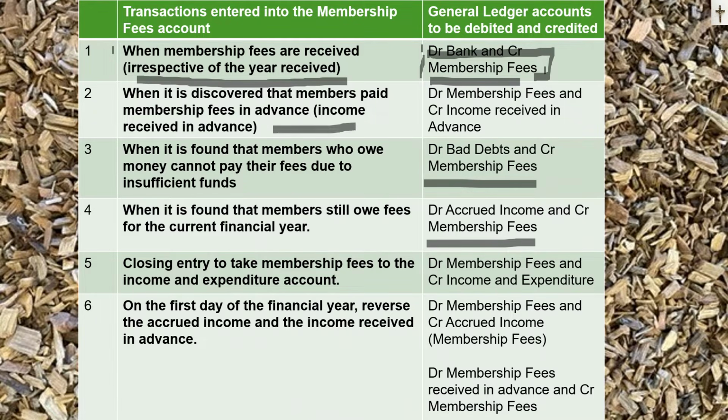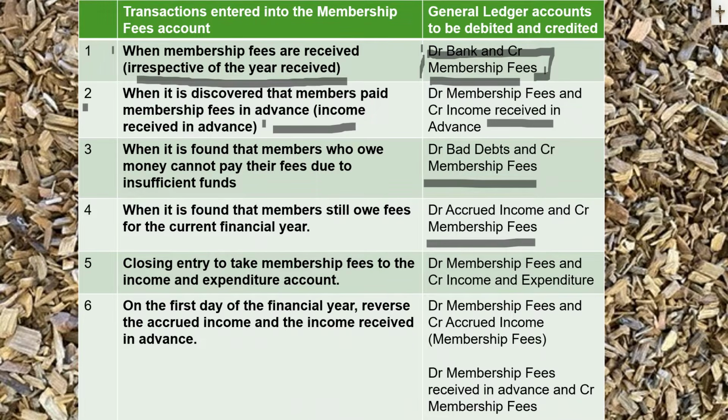Number 2, when it is discovered that members paid membership fees in advance, so what they're doing in the current year, they are paying for their membership. Let's say we're in 2024, some members decide that they're going to pay in 2024 their 2025 membership up front.